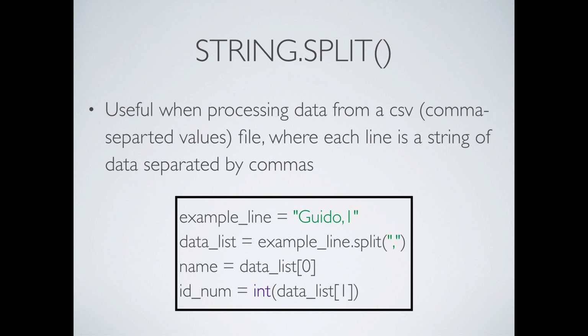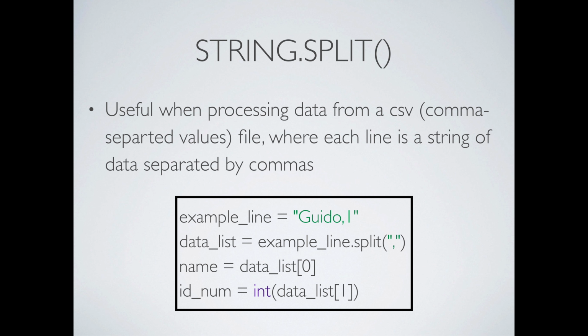Now the cool thing is then you can use those list indexing operators that we talked about last week to isolate the two important pieces of data here. On this example line, there's a name and then there's a number. The name is going to be the thing at position 0 in the list that we made, because the list is everything separated by a comma. First thing is Guido, second thing is that number 1. So the name is at position 0 in the list, and the ID number is the thing at position 1 in the list.